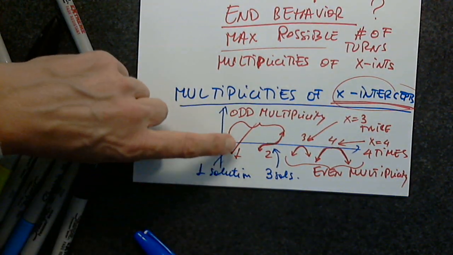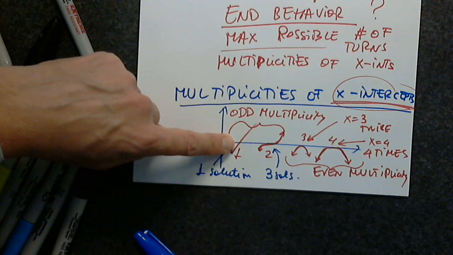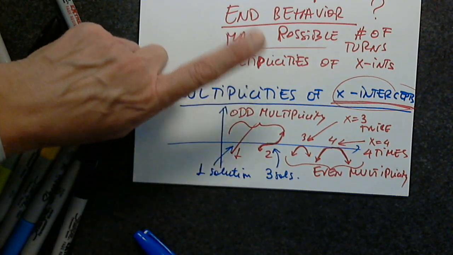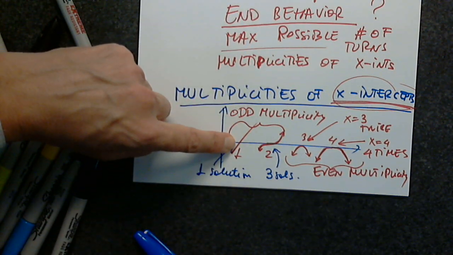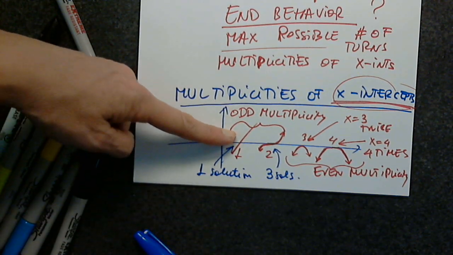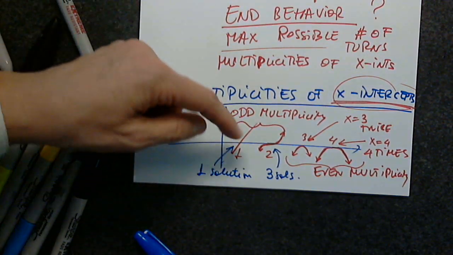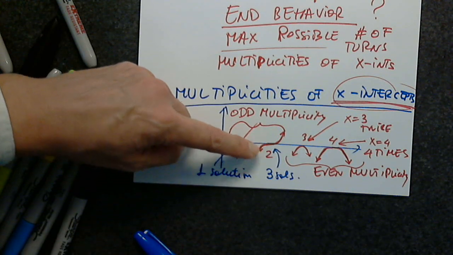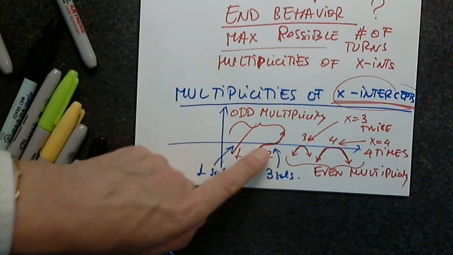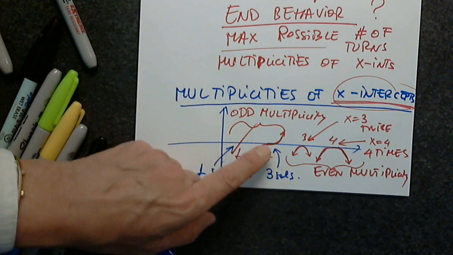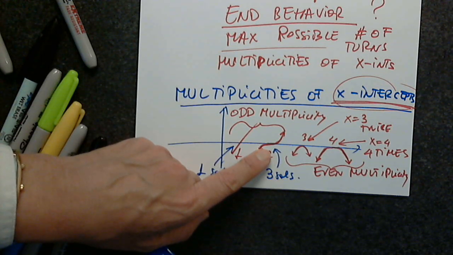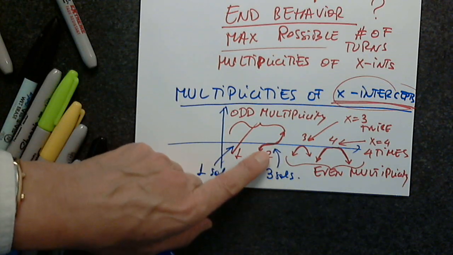So let's go back. This is like the linear function, right? It crosses, and there is no other explanation. There is x equals 1, 1 solution. What about this? It crosses, but it takes its time. It's not a simple cross, but a slow cross. It cannot have an even multiplicity because it crosses.